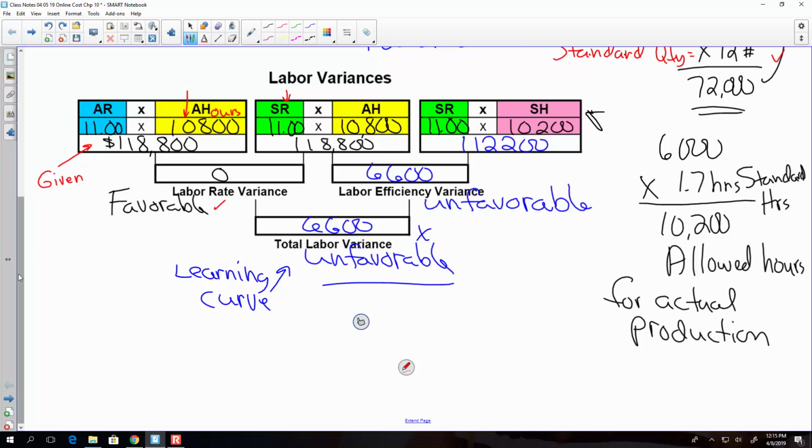So I don't have to do anything with that at this point. Next is our efficiency variance on the right side. And again, the purple number is the key number here, is what we were allowed for our production. So we sometimes will call this the allowed hours, just like we had with the material, the allowed pounds in that case of material usage. So I'm going to again take our actual production, which is 6,000 units.